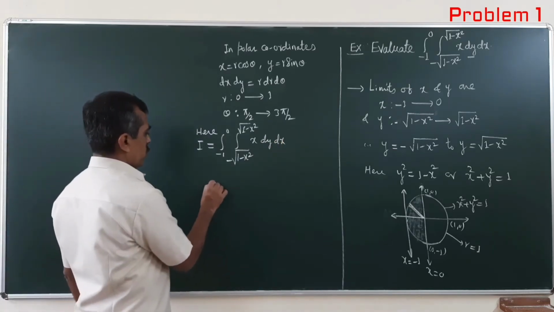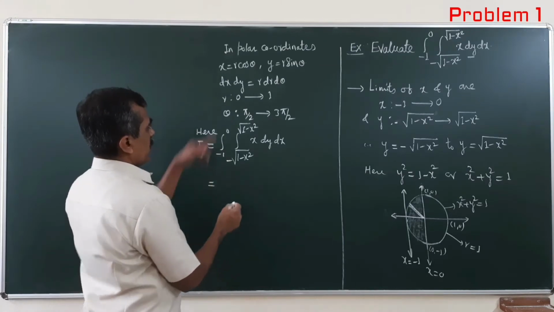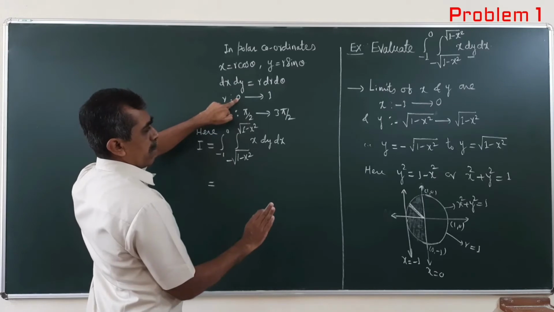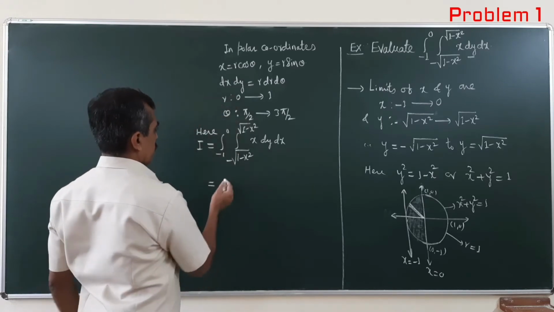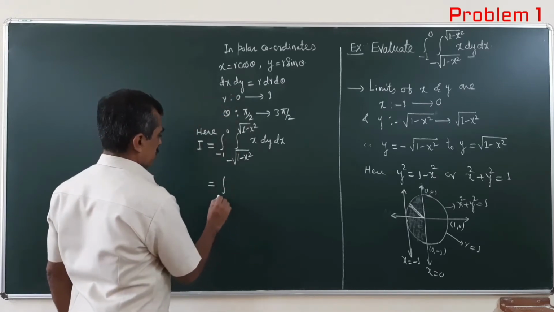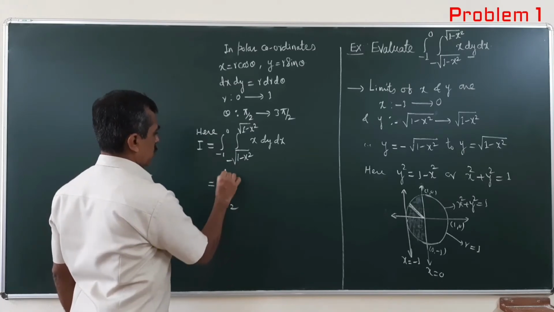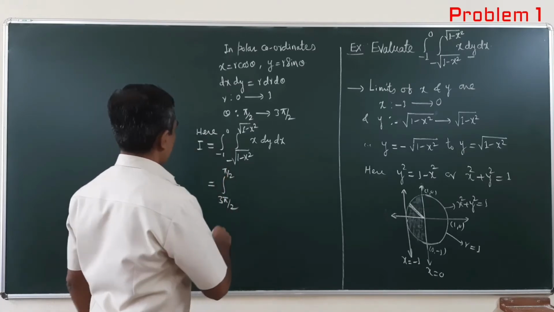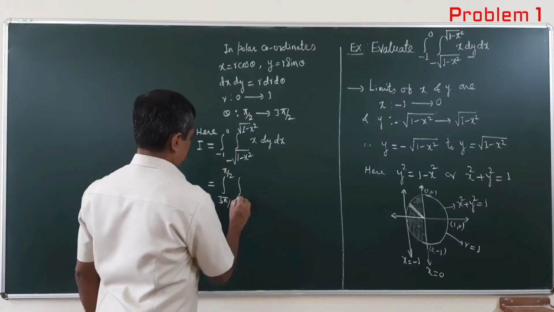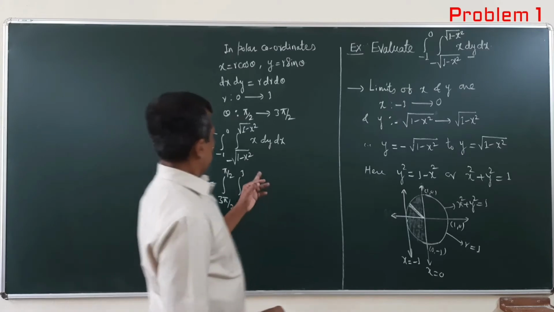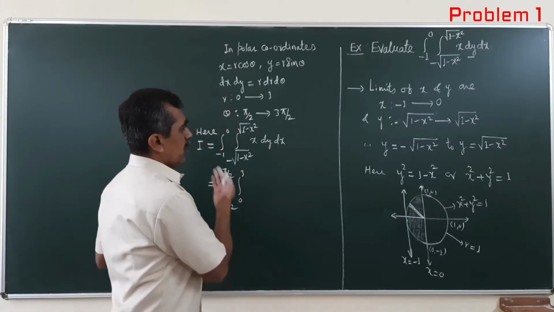So this is equal to, in polar coordinates, either you write these limits first or those limits first, it doesn't matter. So I will go for theta from 3 pi by 2 to pi by 2, r from 0 to 1. These are the changed limits.